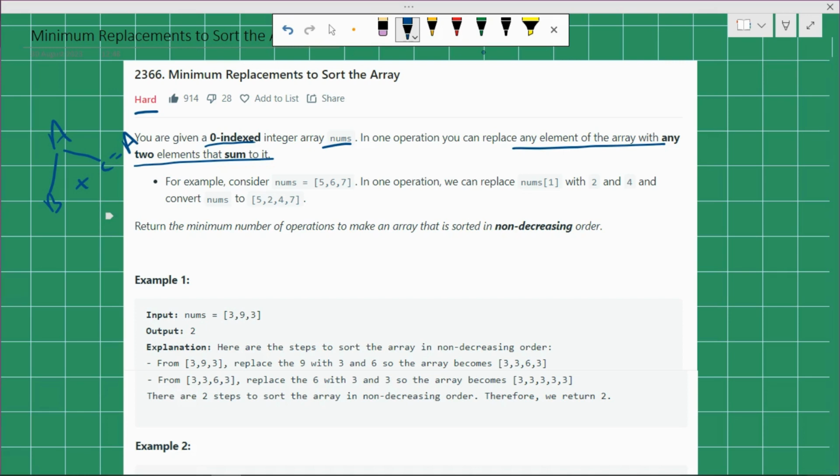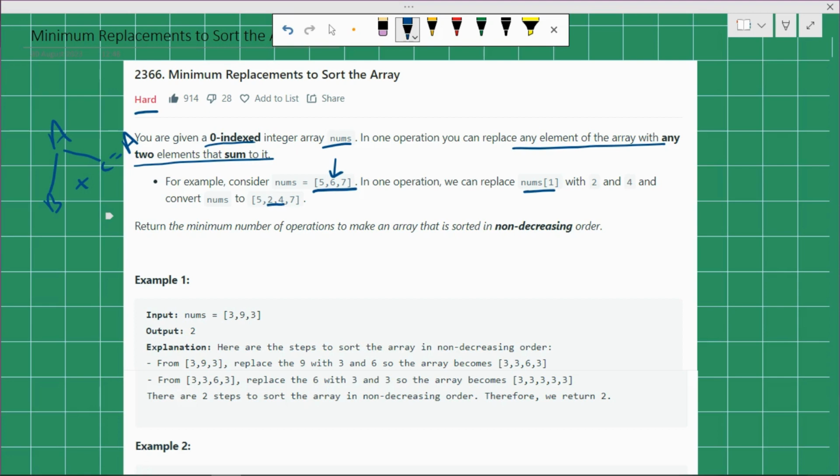For example, consider 5, 6, 7. In one operation, we can replace nums[1], that is 6, with 2 and 4 and convert nums to 5, 2, 4 and 7.